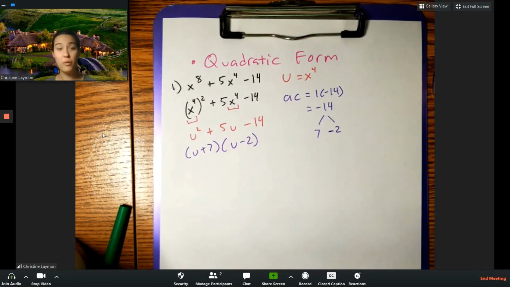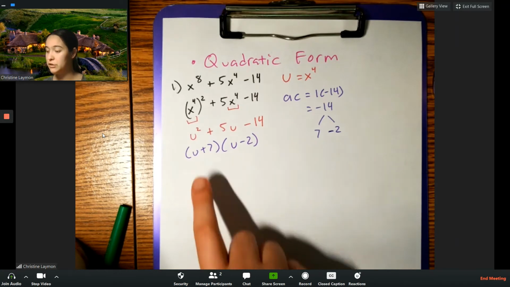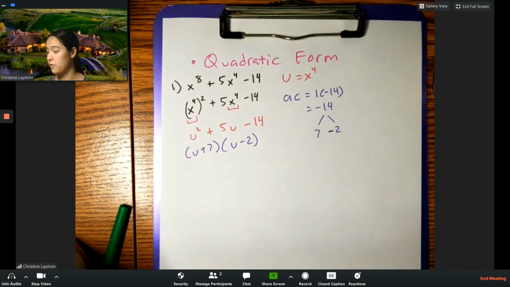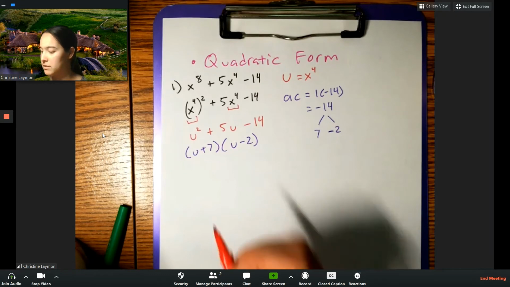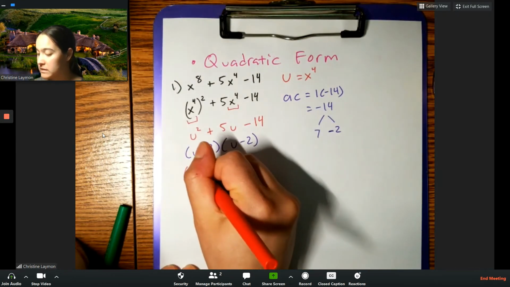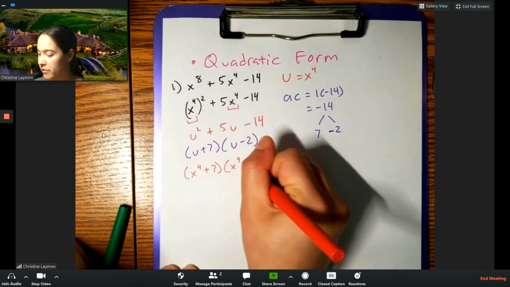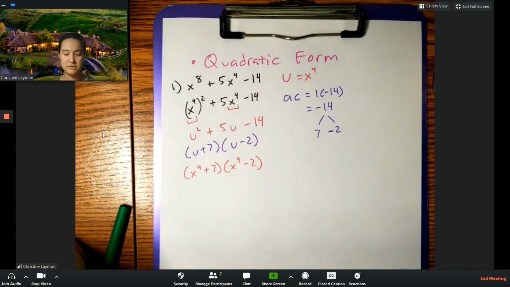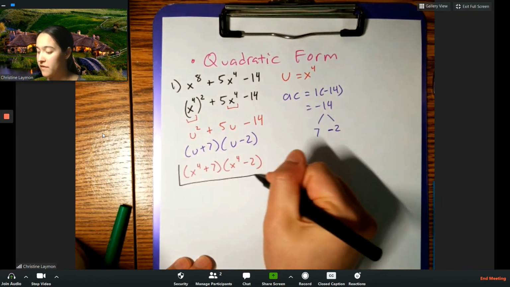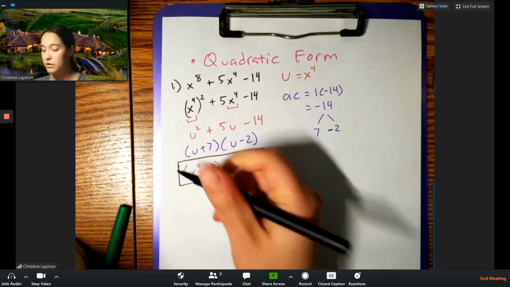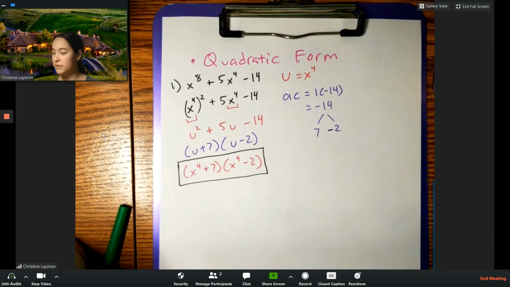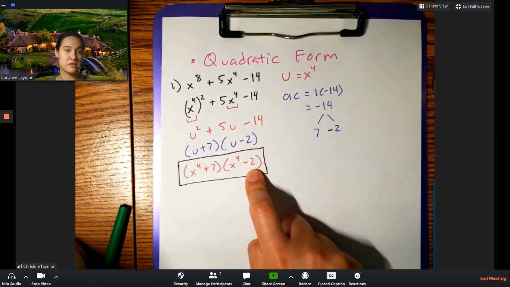Now, I'm not quite done yet, and that's because U is really x to the 4. So let's go ahead and rewrite this as x to the 4th plus 7 times x to the 4th minus 2. That is our final answer. We have factored it as far as we can. Notice that we can't go any farther because this term here is not a perfect square. We are done.